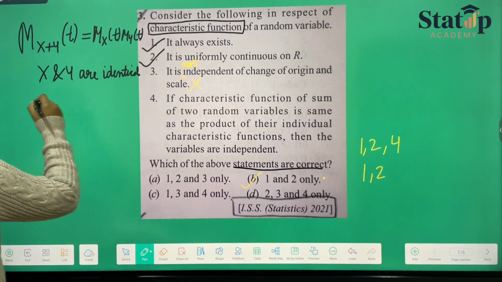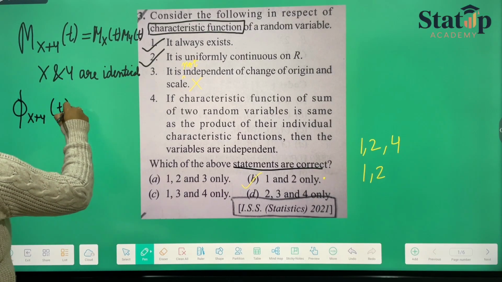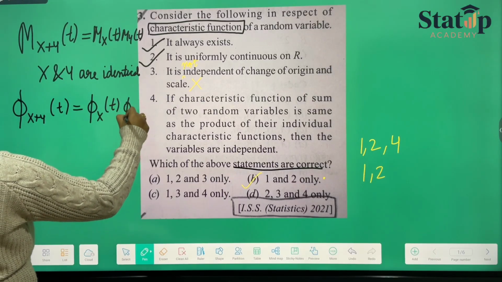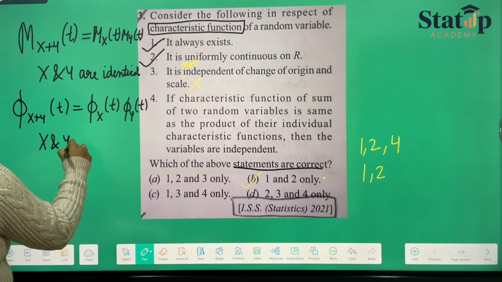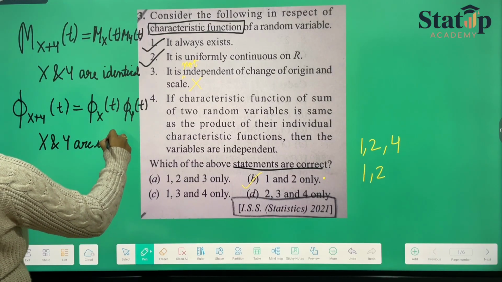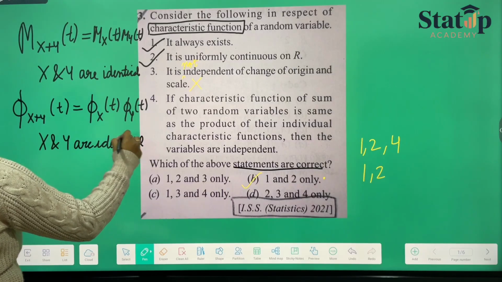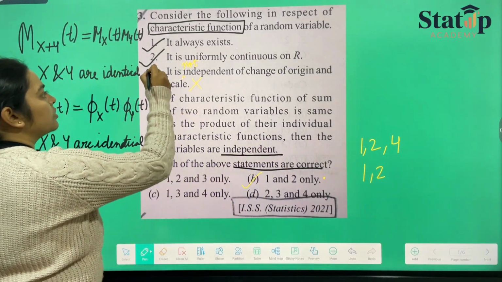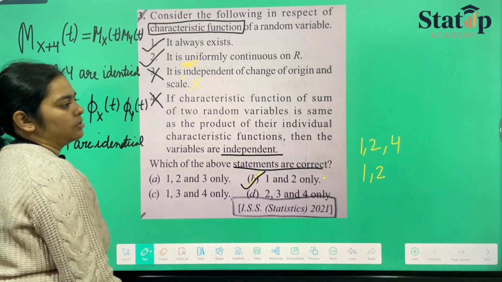And similar goes for the characteristic function. If we say that these are the characteristic functions, then we can represent it by this only when x and y are identical and not independent. They have given us independent, which is also false. So statements 3 and 4 are false, and this makes our option number B the correct answer.